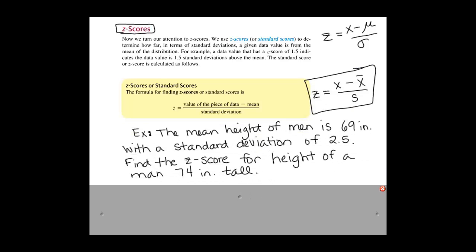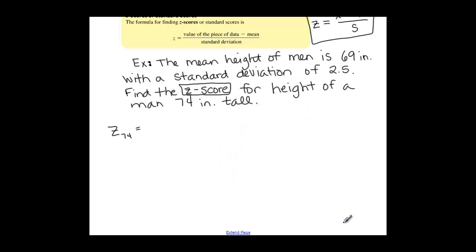Let's look at an example. The mean height of men is 69 inches with a standard deviation of 2.5. Find the z-score for a man 74 inches tall.